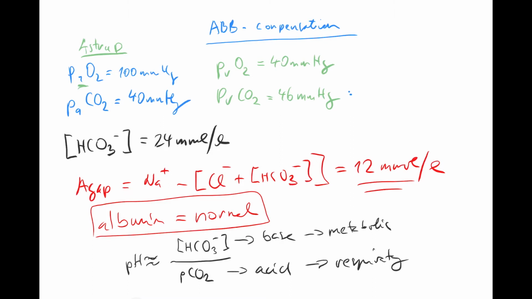In case CO2 goes up, the pH goes down. In case bicarb goes down, pH goes down, and the other way around. So always remember what is up and what is down, but it's very simple. Just remember bicarb is base, so if I'm losing it, I'm going to get acidic. CO2 is acid, so if it increases, I'm going to get acidic.